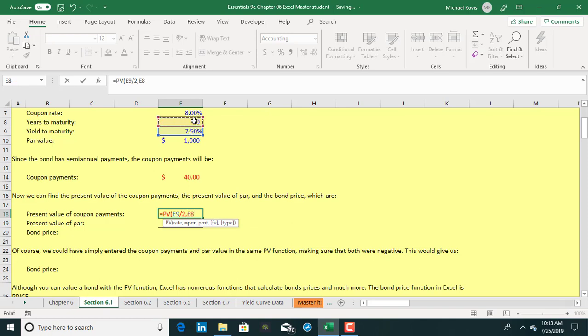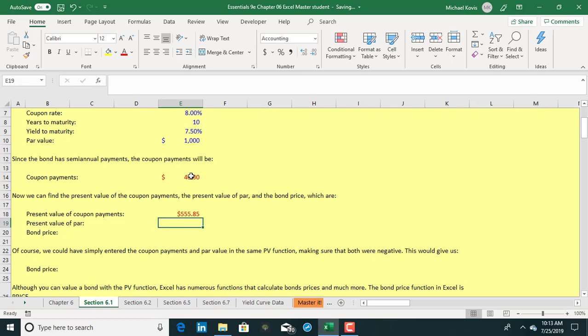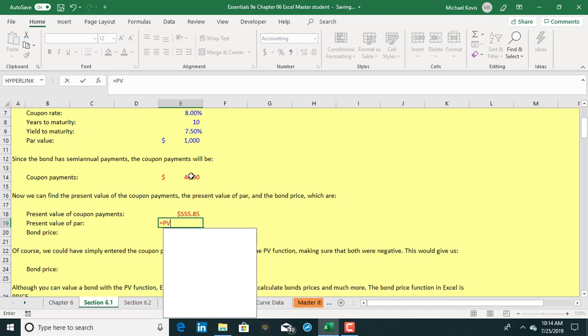It's a 10-year bond. We multiply by 2. And we now need the payment. We're going to put it in as a negative. And then from here I can just close the argument up. So the present value of our coupon is $555.85.